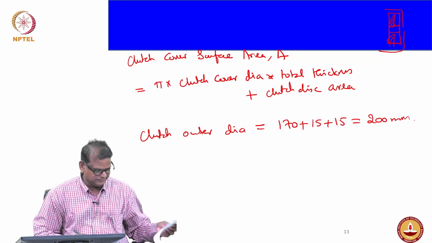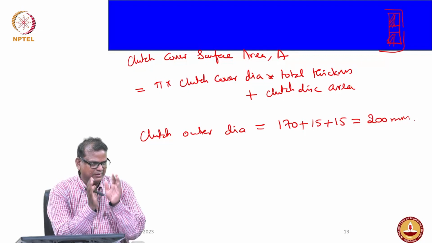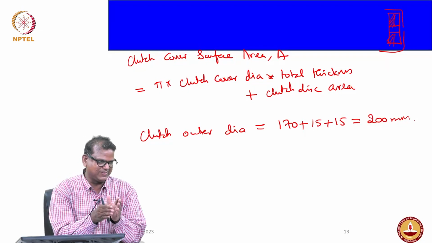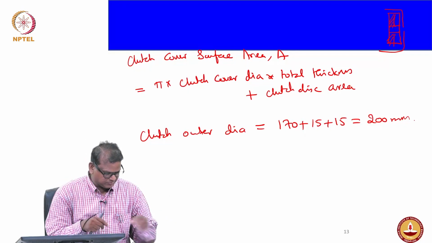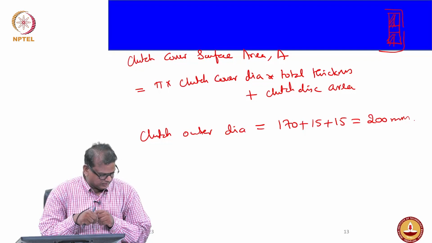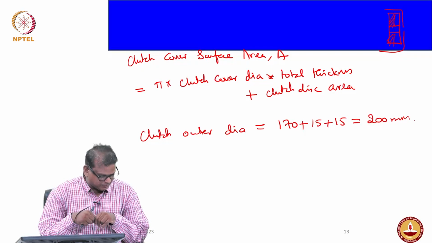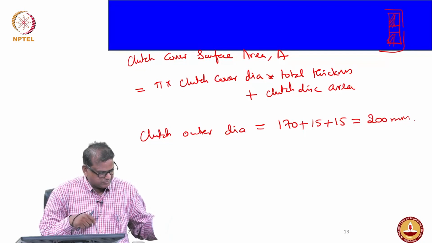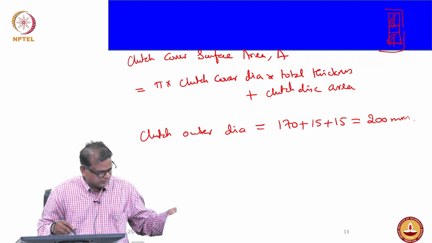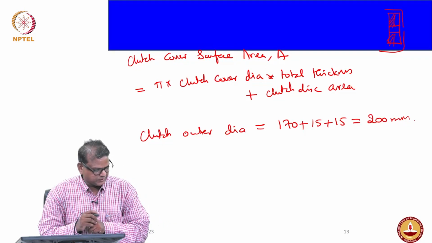You have to think about your friction plate thickness and pressure plate thickness on top of the allowance. The clutch plate thickness we have chosen is 15 mm, maybe 10 to 12, we can choose 10 mm also, it does not matter. Then you have a pressure plate of 15 mm, then a cover thickness of another 10 mm. So how much are you going to get for the thickness aspect?